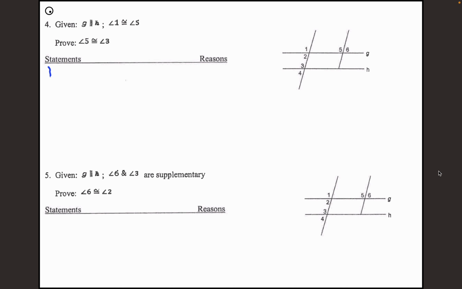Now, let's go ahead and go to number 4. And write down the numbers 1, 2, 3. That's just how many statements and how many reasons there are.